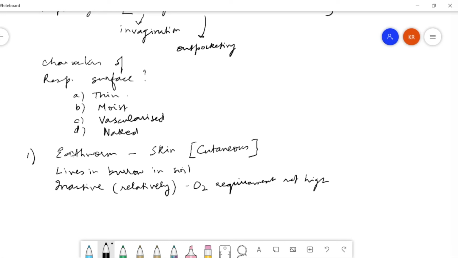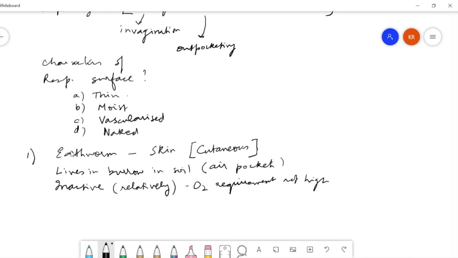Now, inside the soil burrow, there are tiny air pockets, because the soil is porous. Micropores are there, and the earthworms live inside those. And when we say that the earthworm is inactive, it doesn't mean that it is living there like a robot.